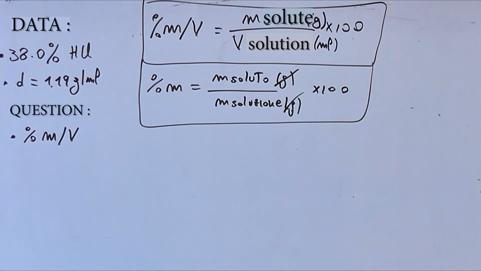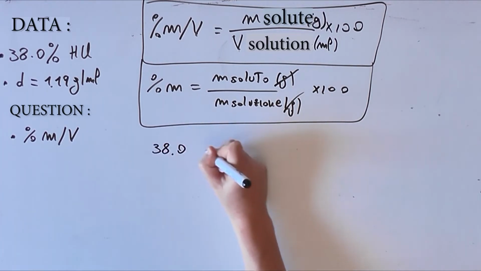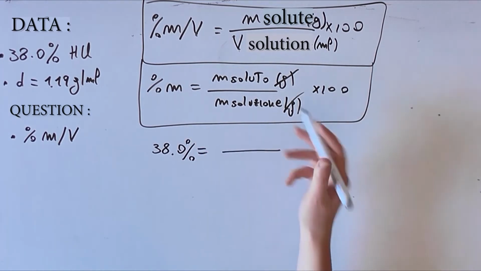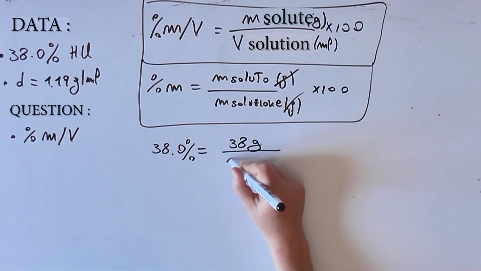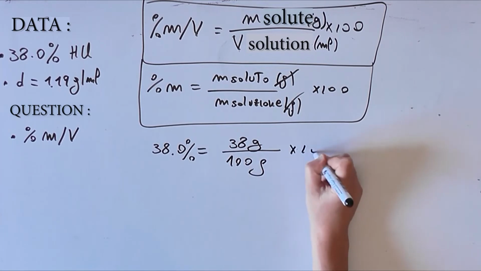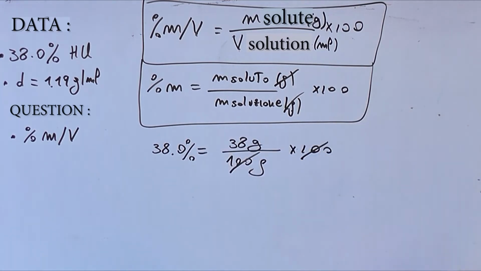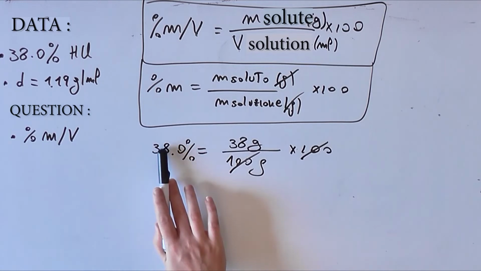We can use the concept of 38% HCl in this way. 38% equals how many grams of solute? Well, 38 grams in 100 grams, times 100, of course, because if I simplify, I will get 38 equals 38. So if the problem does not give me those data, I can always express the formula in this way.